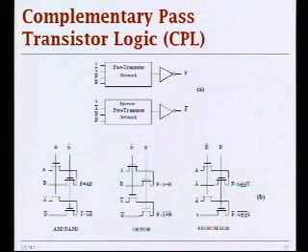Now, one way, I think you've already seen something like this before, is I can use redundancy. If I know that when it's passing a 1, it degrades the 1, but it passes a good 0, then if I have the output and its complement, I know at least one of those would be good.